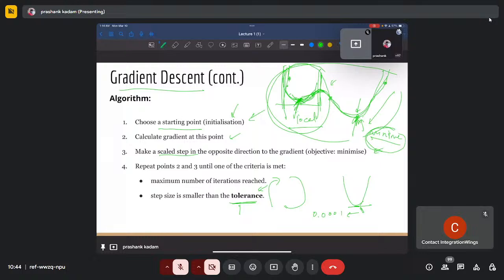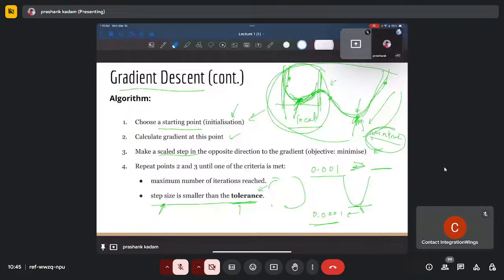For example, you have set a value of tolerance, and your step size is, for example, 0.001. This is a boundary condition that is defined here. When the value of your calculated loss is lesser than the actual step size, then you can stop the process of gradient descent.